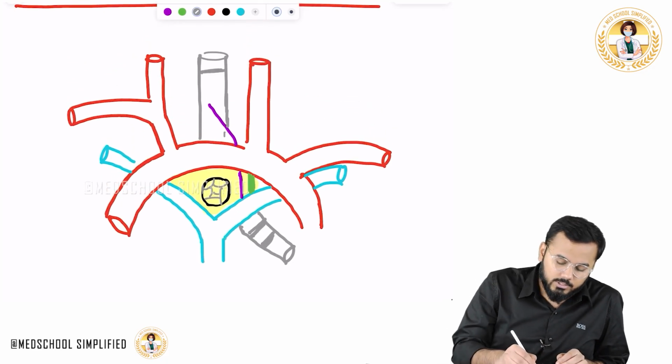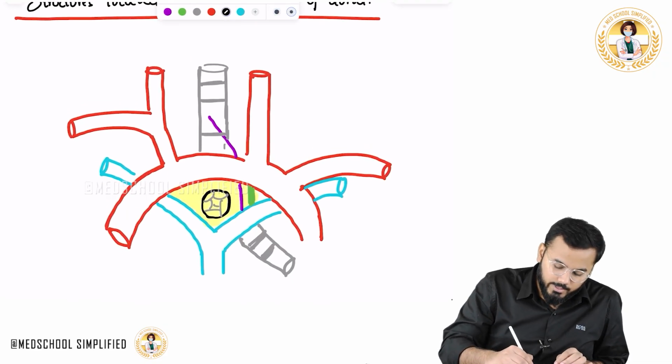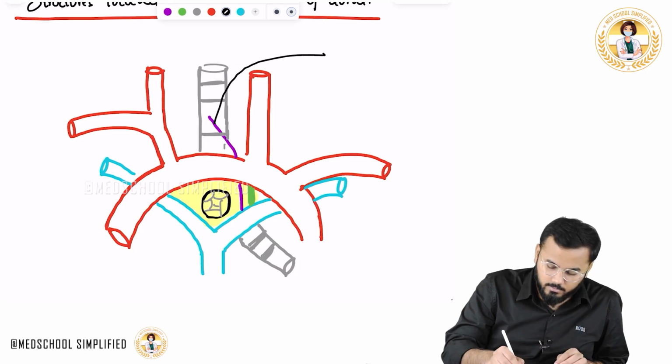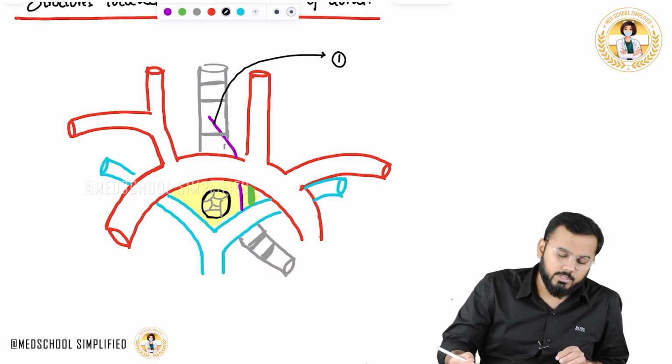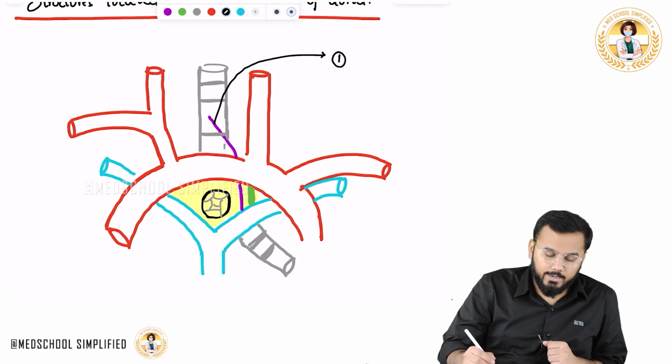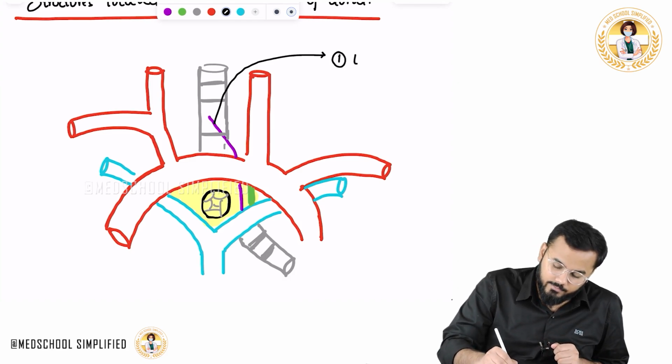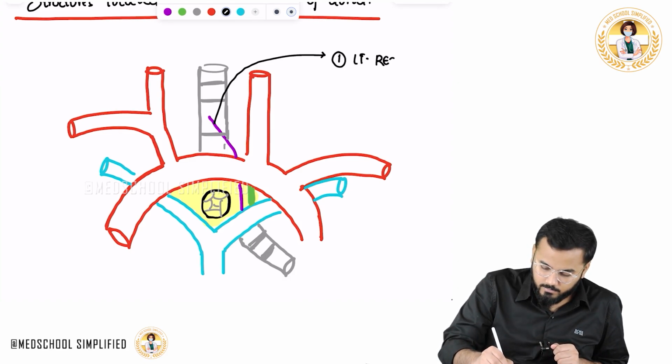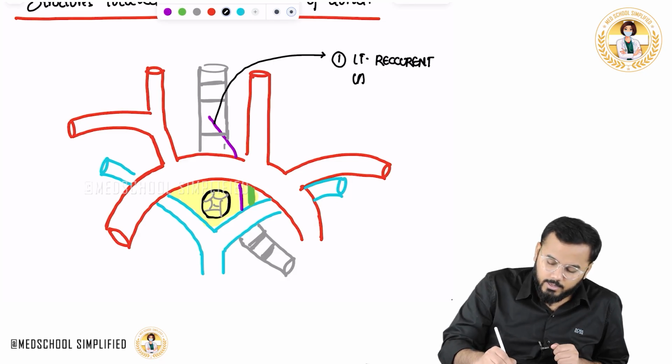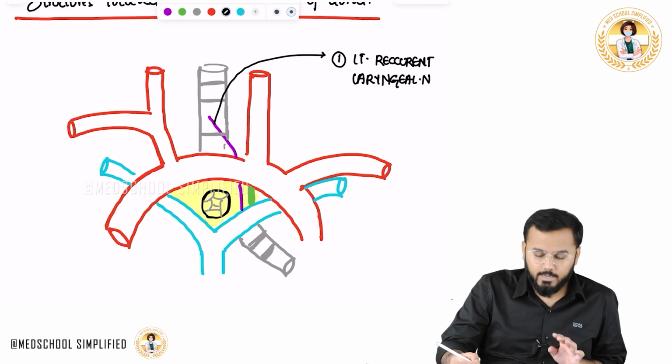So what are the structures now in detail we'll study? We'll write it down, right? Starting from this one, the first important structure is your left recurrent laryngeal nerve.